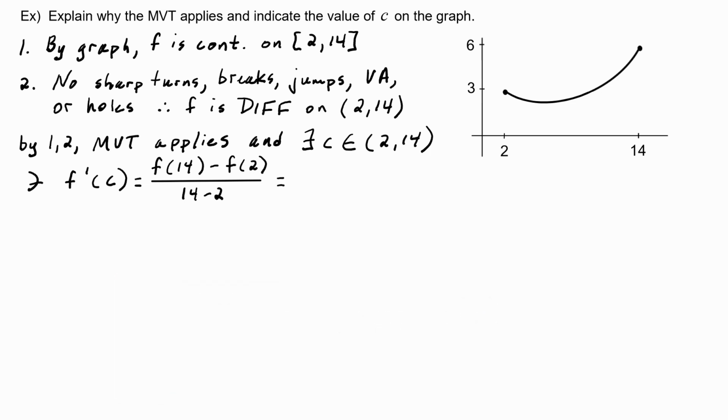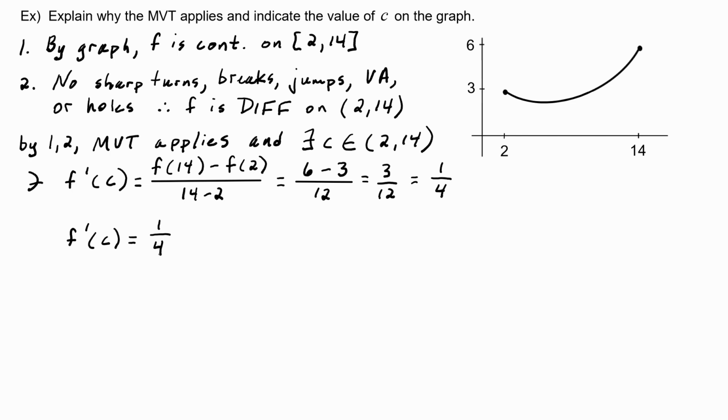Well, let's figure out what this is. f of 14 is equal to 6, and we have to subtract f of 2, which is equal to 3, and we put that over 14 minus 2, which is 12. So this simplifies to be 3 over 12, which is 1/4. So somewhere the slope of the tangent at x equals c is going to equal 1/4.